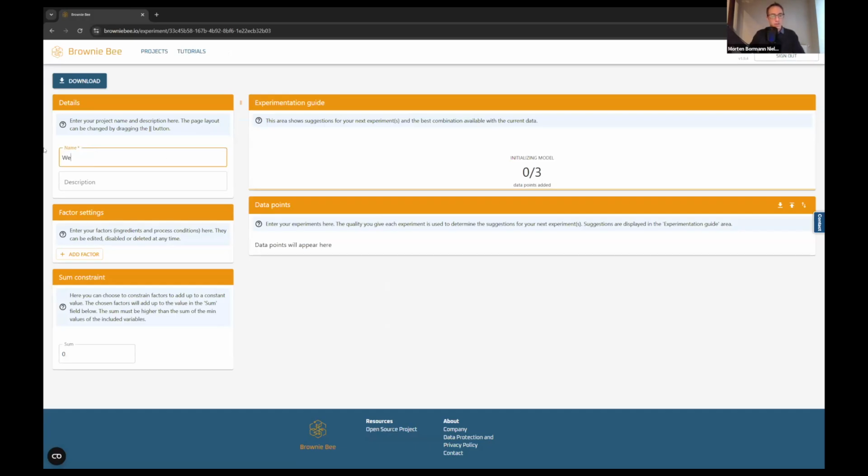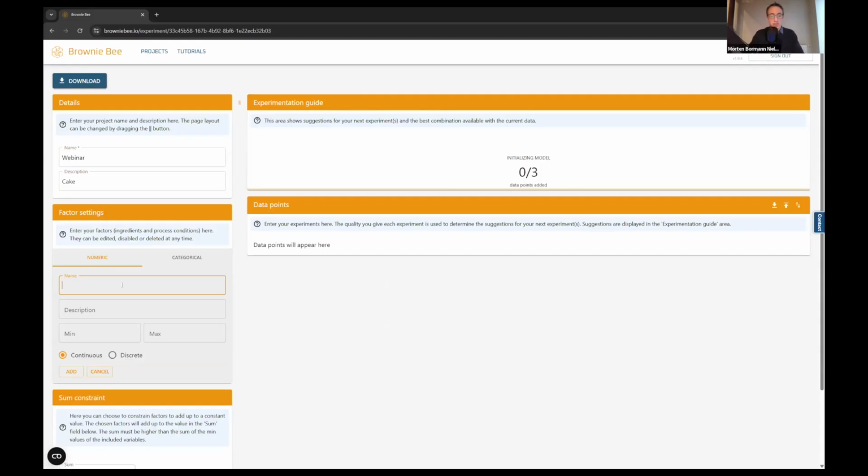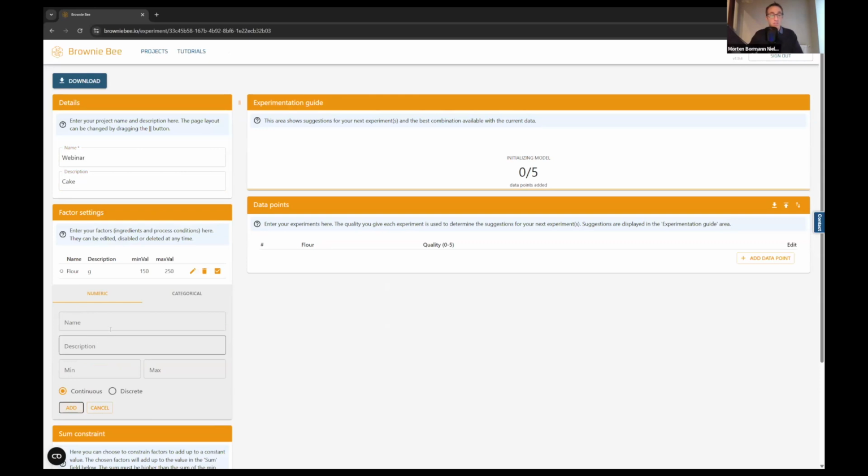And let's set up an experiment. Let's say that we want to work with cake recipes, for instance, and we want some flour in our cake, obviously. Let's say that we think we might need between 150 and 250 grams if we're making brownie, for instance.